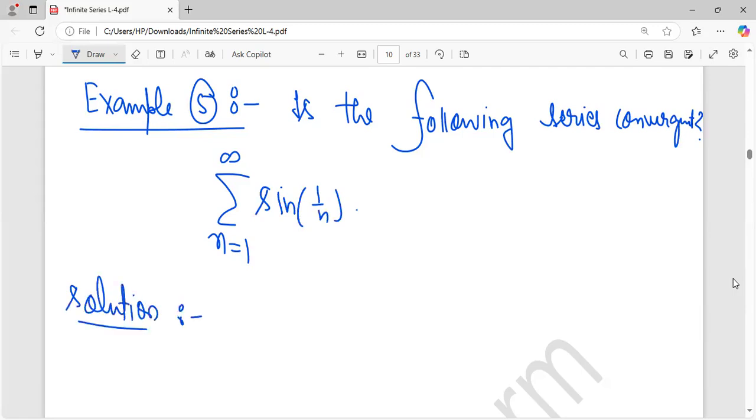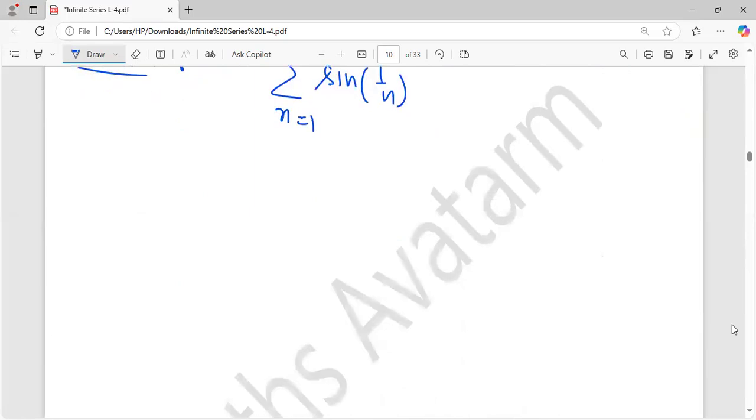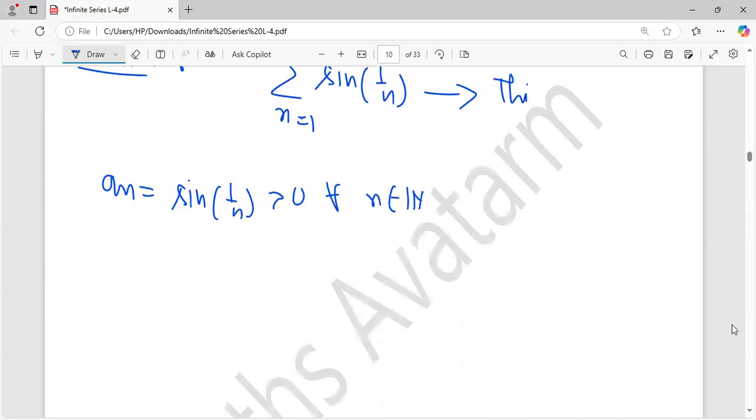So you see that in summation n goes to 1 to infinity sine 1 upon n, what is the an? an is equal to sine 1 upon n, greater than 0 for all n belongs to N. So this implies this is a positive term series.